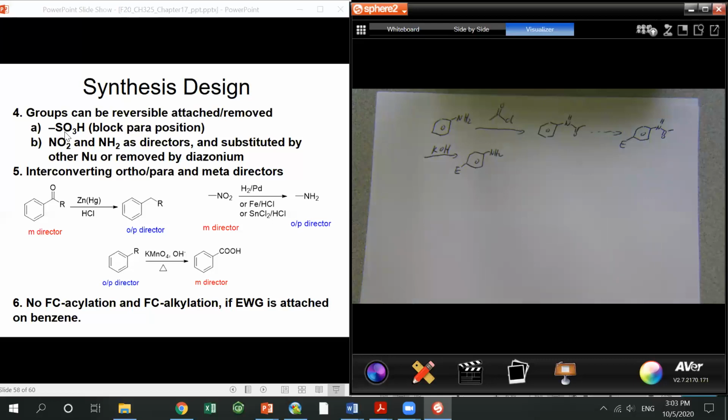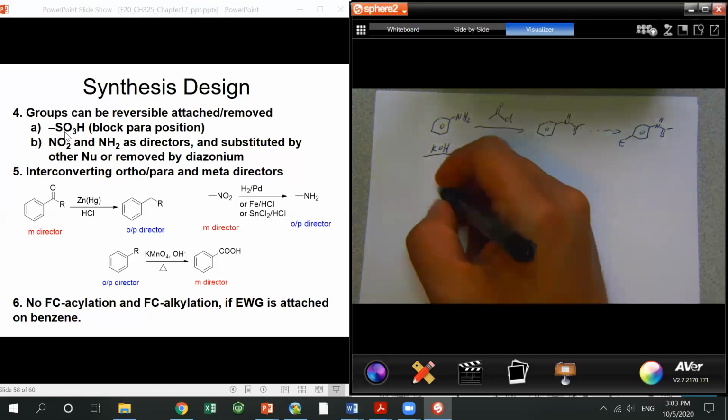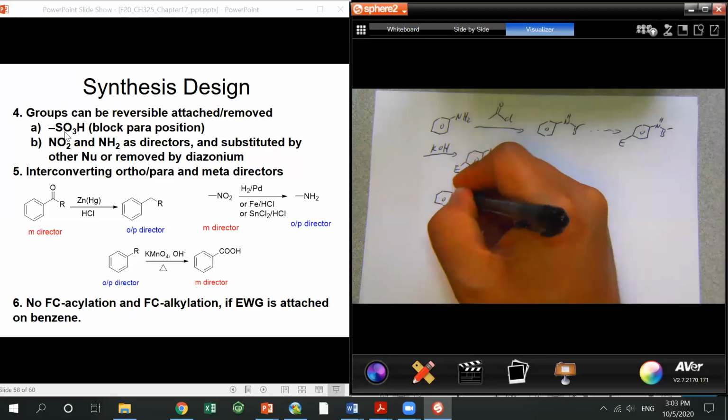The next reversible, removable group is the nitro and also the amine. So what happens here?